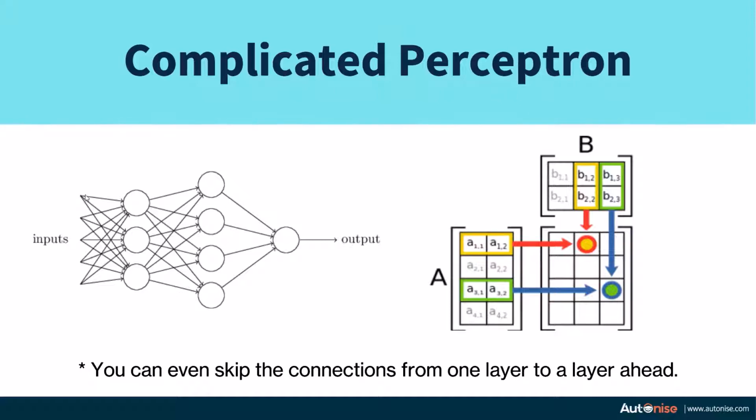So you have 5 inputs. You have, corresponding to each of these neurons, you have 5 weights. So you have a 5 cross 3 weight matrix. And when you multiply your inputs, which corresponds to 1 comma 5, you do a matrix multiplication, you'll get an output of 1 comma 3, which corresponds to the output of these perceptrons.